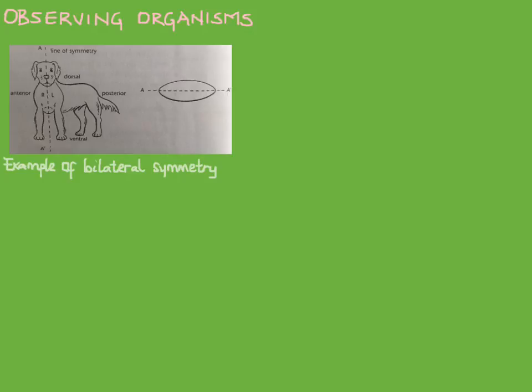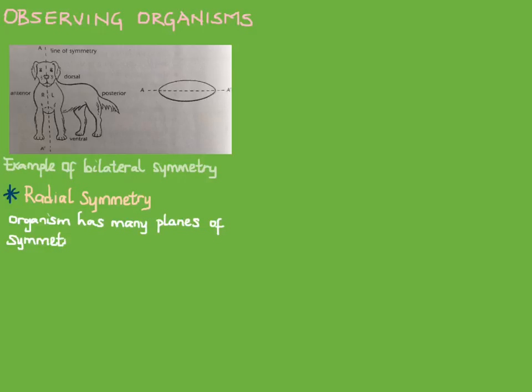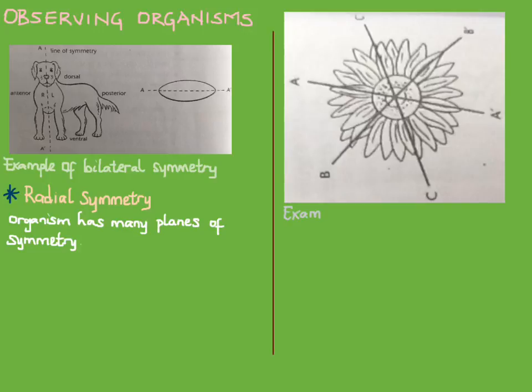The second type of body symmetry is the radial symmetry. Here, the organism has many planes of symmetry. The picture below shows an example of radial symmetry.